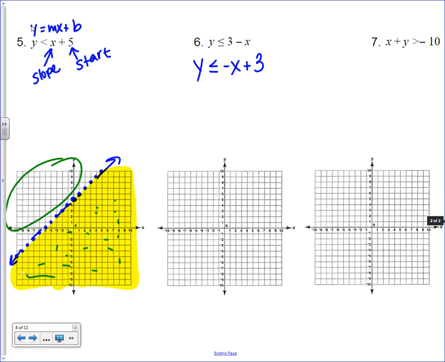All right, so now we're good to go. Where am I going to start? 3 on the y-axis. And where am I going to go? Down one, to the right one, down one, to the right one until you make it to the very end. And yep, I get it. It's a lot of points.